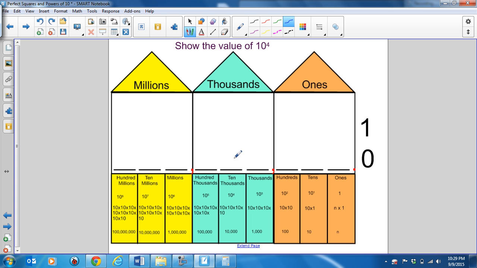10 to the power of 4 is 10,000. 10 to the power of 5 is 100,000. 10 to the power of 6 is 1,000,000.